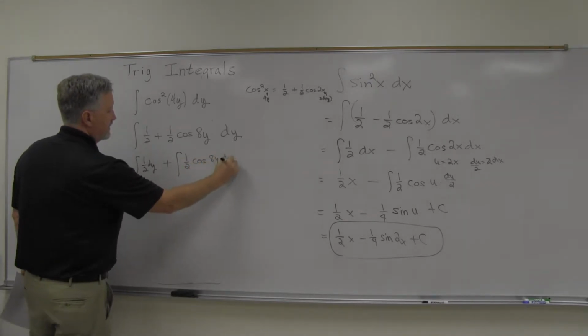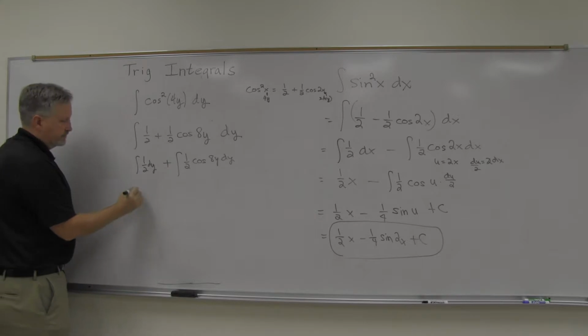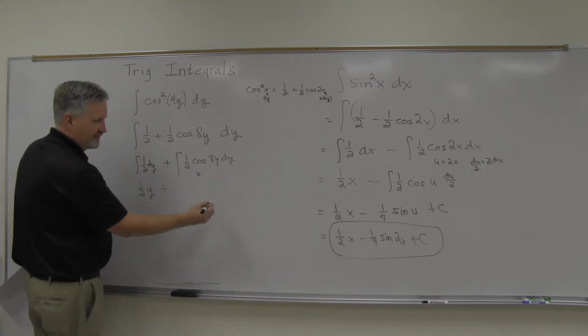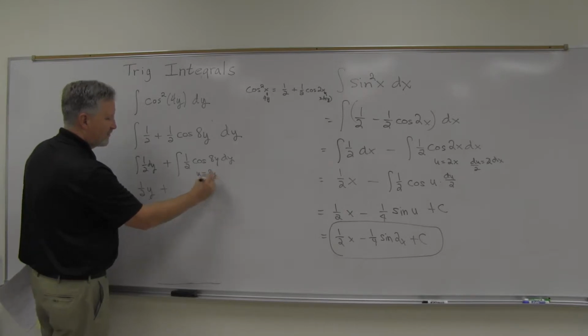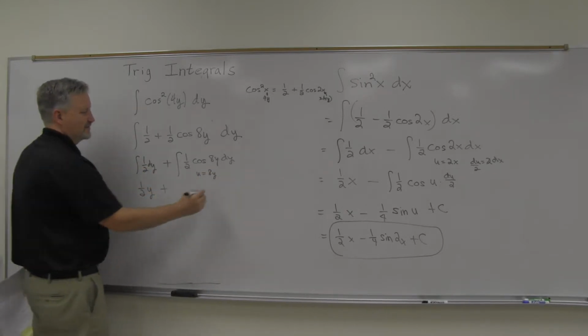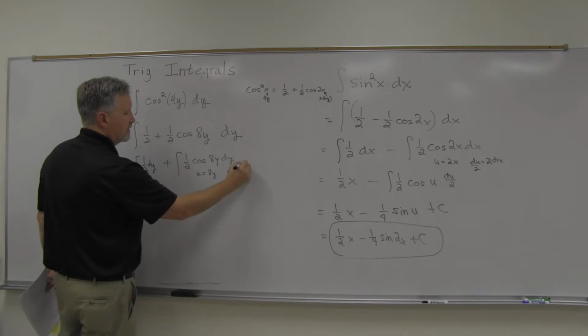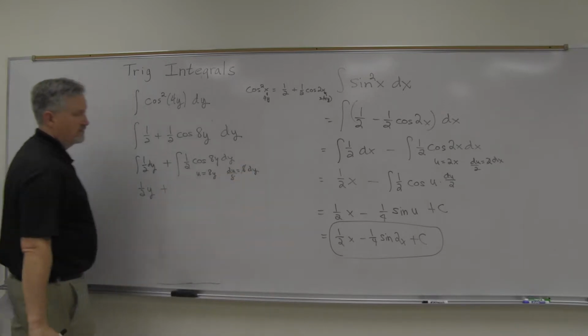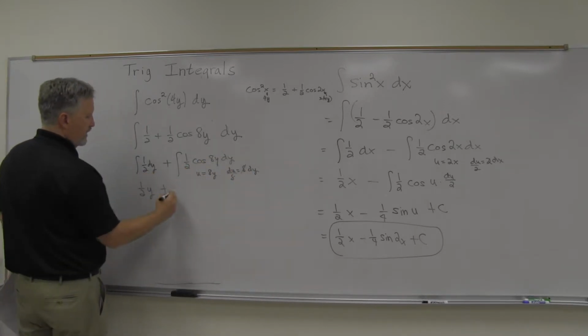Do those two separately, because the first is just a simple antiderivative, 1/2 y. And this is just a simple substitution, not quite as simple as the first one, but still simple. du would be 8 dy, since the derivative of 8y is 8, so du over 8 replaces dy.